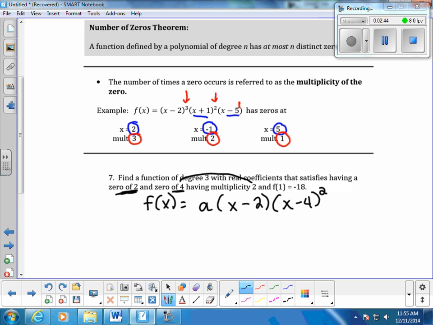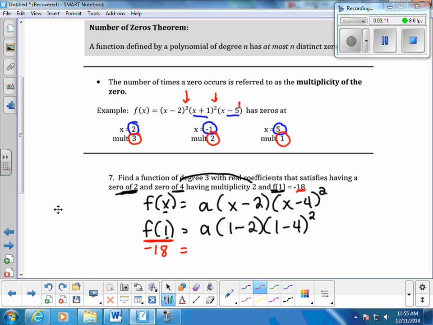Now the next thing it tells us is that when we evaluate f at 1, that means everywhere there's an x, we're going to plug in a 1. We would have 1 minus 2 and then 1 minus 4 squared. F of 1 equals negative 18 because our problem told us so. So I'll replace that with negative 18.